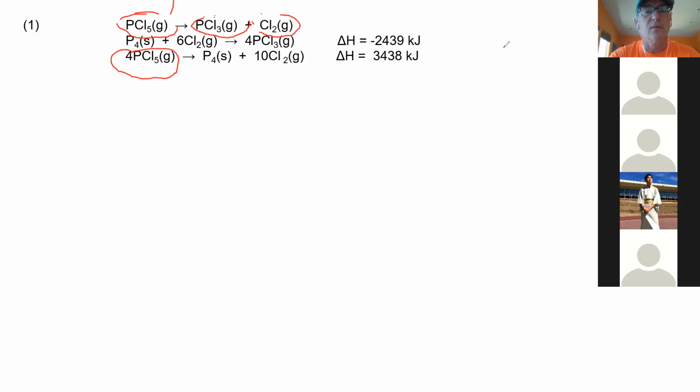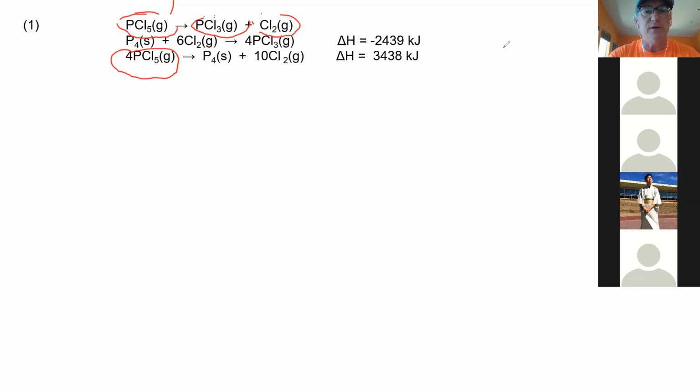You see, the 4PCl3 is on the product side for the second reaction. Right, so I've got PCl3, which is phosphorus trichloride, as a product in my second reaction, so that's good. And I've got chlorine gas as both a product and a reactant. I've got it as a reactant in number 2, and I've got it as a product in number 3.